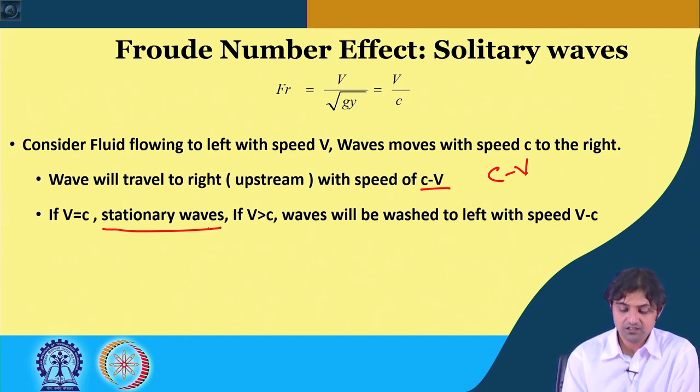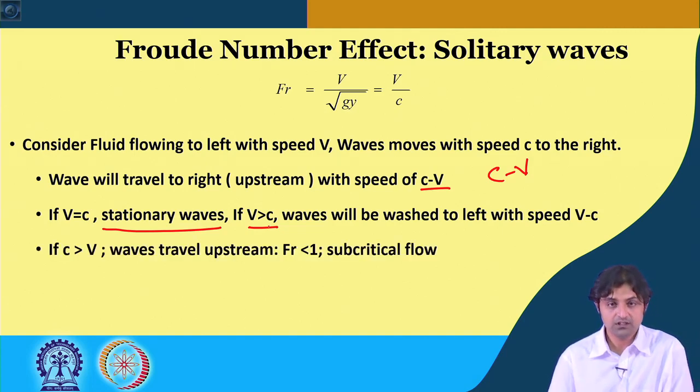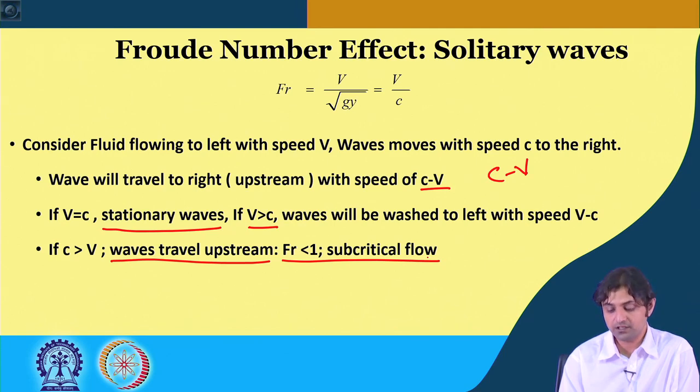If this v, the fluid speed, is greater than c, the speed of the wave, waves will be washed off to the left with the speed v minus c, which is very normal. But if c is greater than v, then waves will travel upstream, and in that case Froude number will be less than 1, that means it is going to be a subcritical flow.